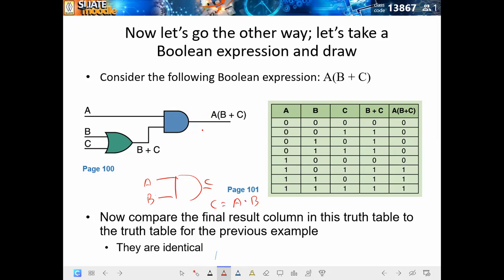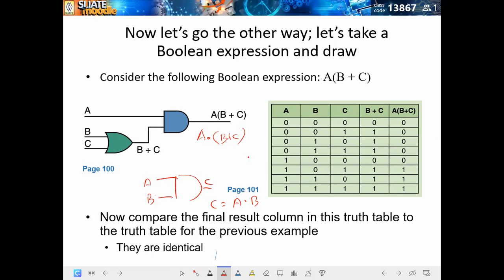The output equals A, as one input is A, and the other input is B plus C. B plus C means B or C, which came through the OR gate. We call it B or C. So this is the final output.